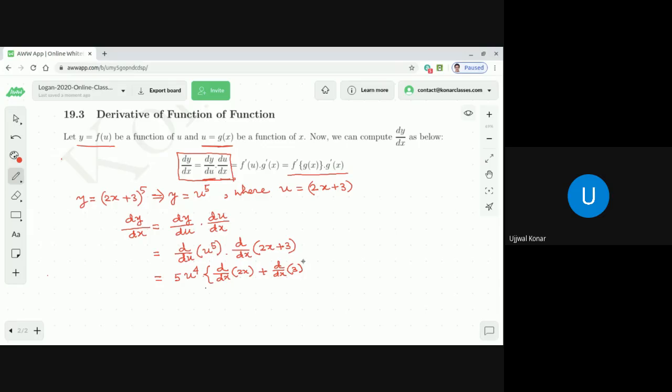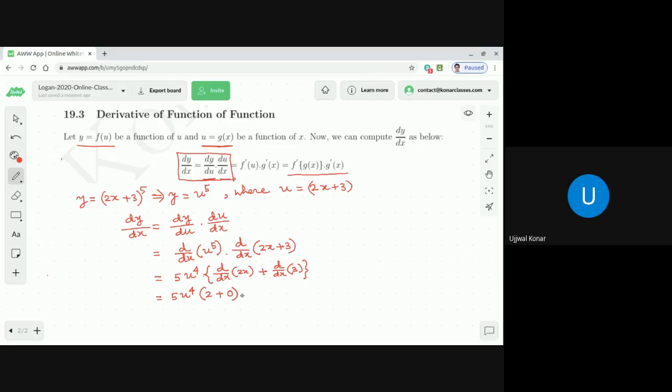Now, if I ask you, Gurman, what is the value of d/dx of 2x? It will be 2. Plus d/dx of 3. If I ask you, Mohor, what is the value of d/dx of 3? 0. Correct, because differentiation of a constant is 0.